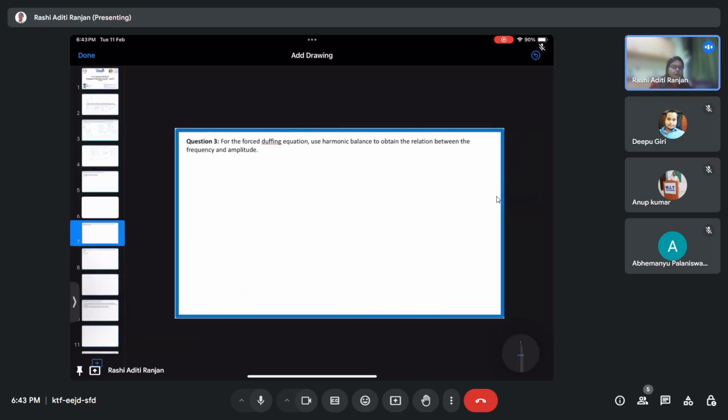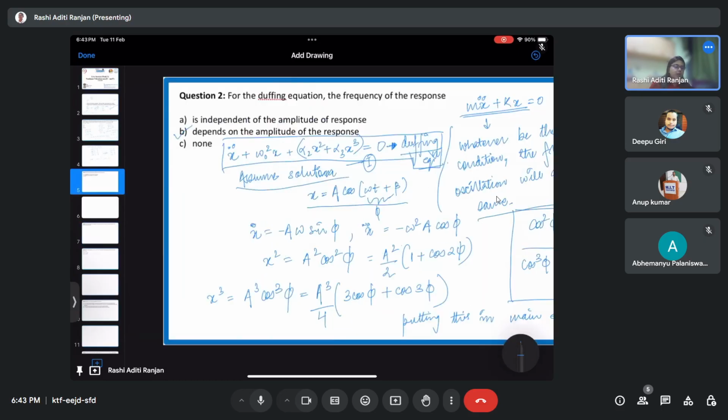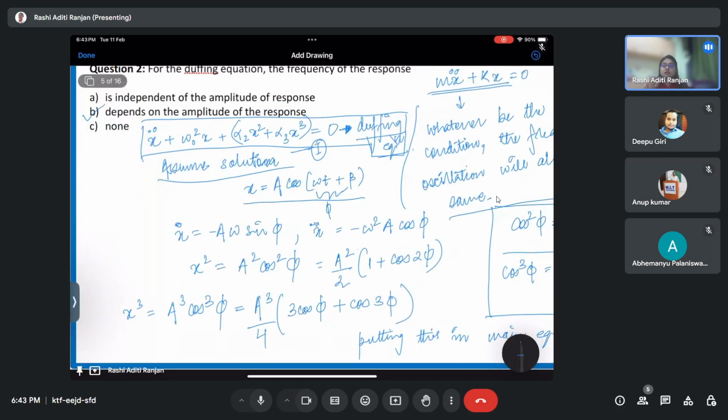There's one more thing I want to mention over here. The method by which we found this solution is nothing but the harmonic balance method. This is the basic concept of the harmonic balance method, wherein we assume a solution, put it in the main equation, and then equate the coefficients on the left hand side and the right hand side, from where we get a relation between the coefficients.